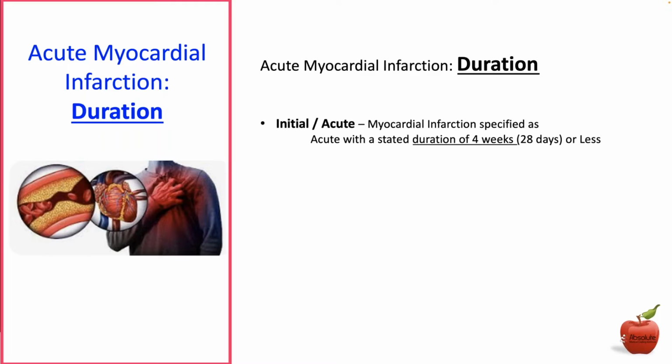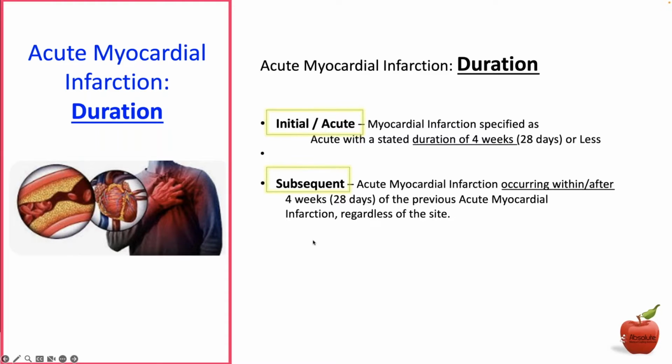Why is that important? Because you will be coding for subsequent infarctions. A subsequent infarction is an infarction that occurs after the first one. So you've got your initial infarction, and you have a subsequent infarction that occurs after.